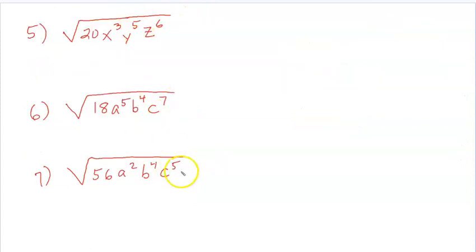Okay, now we're going to throw variables into the mix. Let's first do the number like we did before. The square root of 20. Well, 20 isn't a perfect square number, but 4 is, and 4 divides into 20 evenly. So I'm going to represent the square root of 20 as the square root of 4 times the square root of 5.